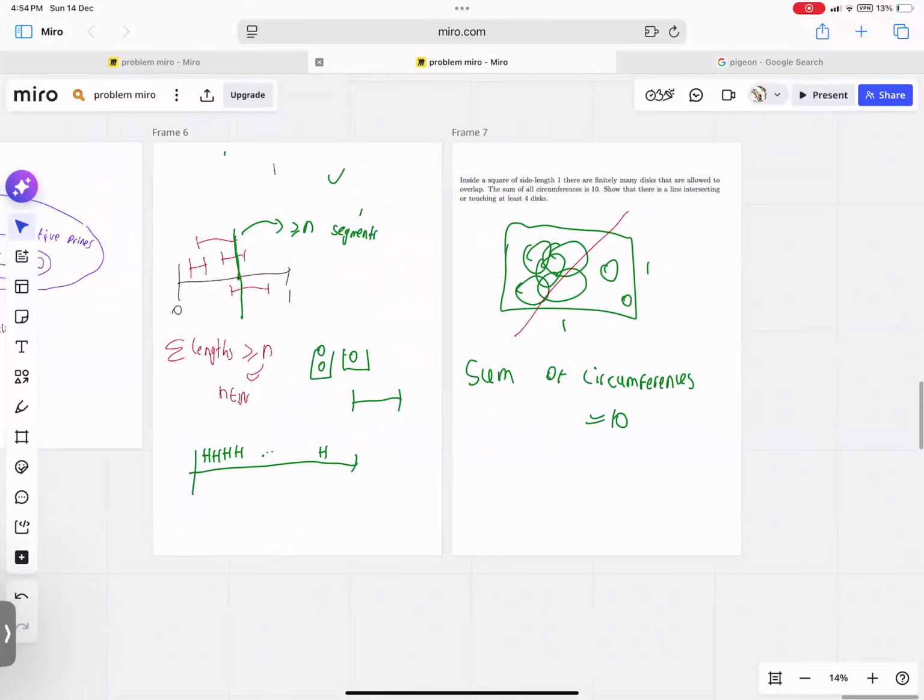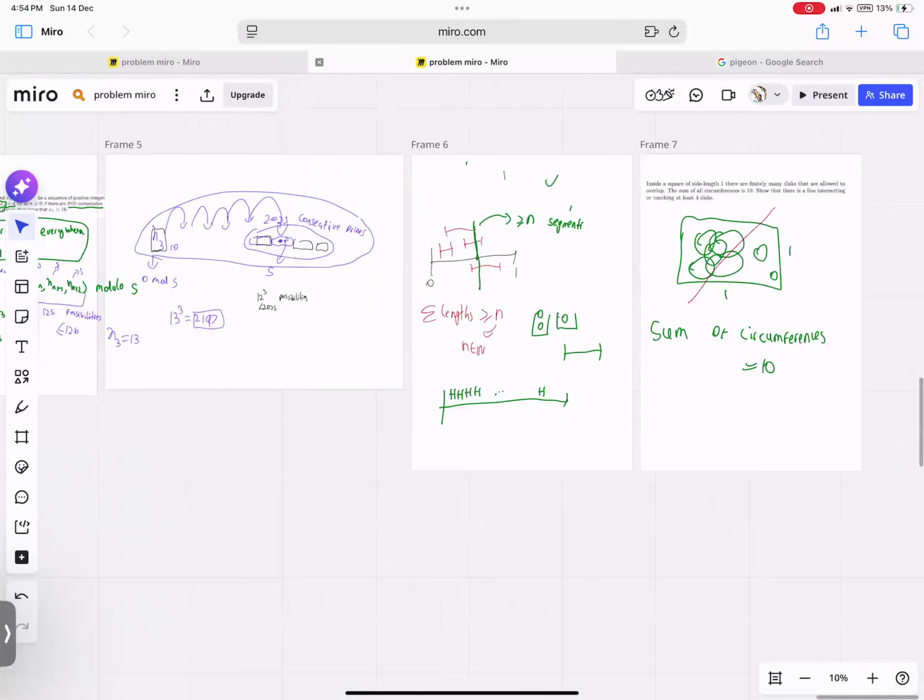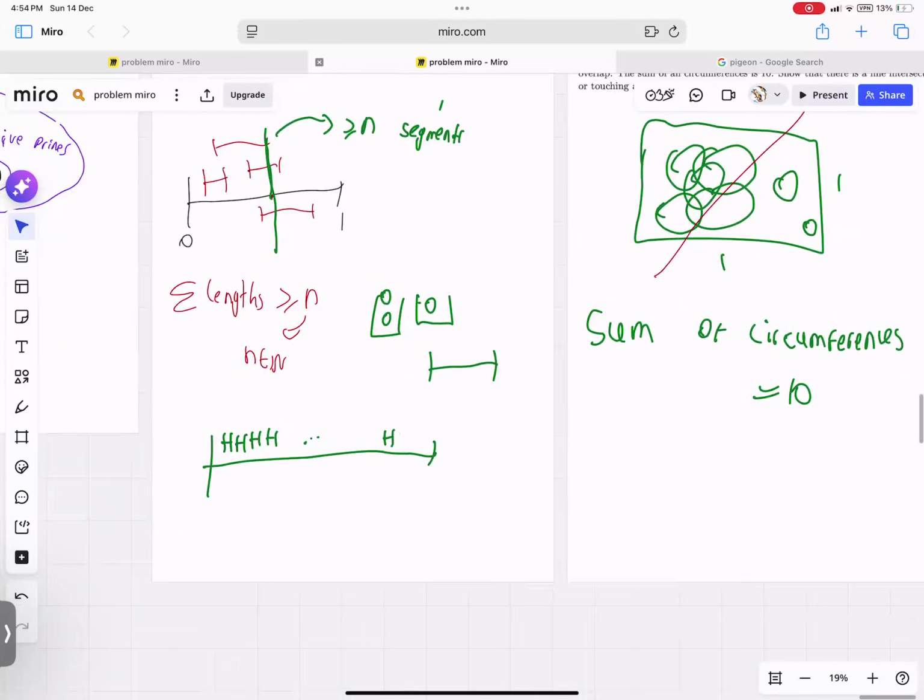Basically, the proof of linearity of expectation is: for each point, you consider the quote unquote random variable which is equal to the number of segments that pass through it.